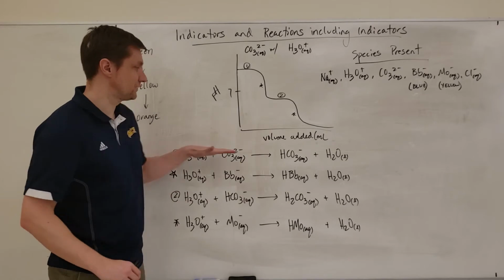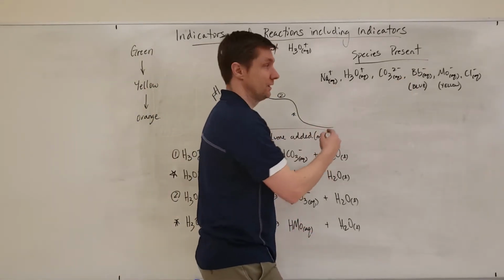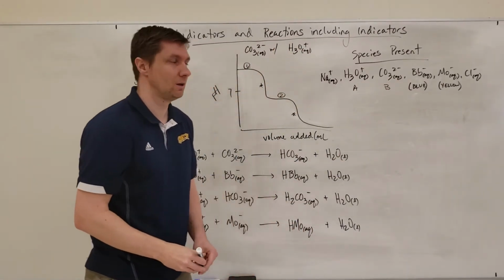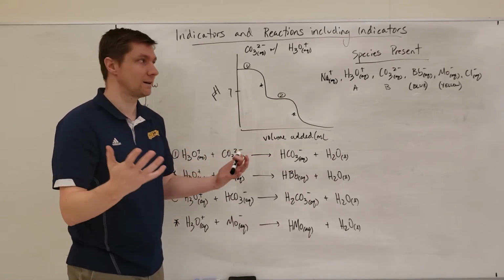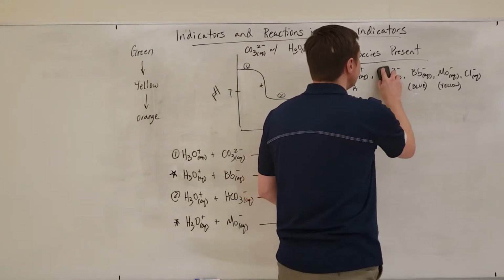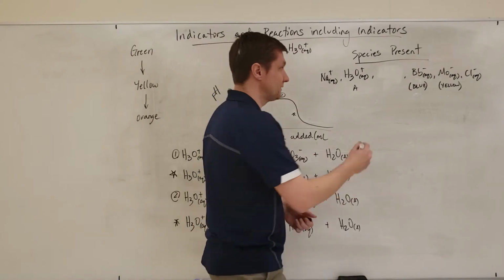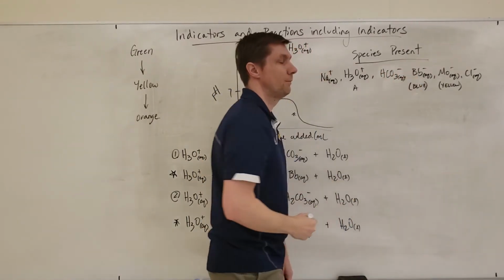Originally, with our species listed here, this is my acid and that's my strongest base. But once this reaction is done and all of the CO3 2- has been reacted, that is no longer an option on our species listed. Instead, what's present in its place is HCO3-.